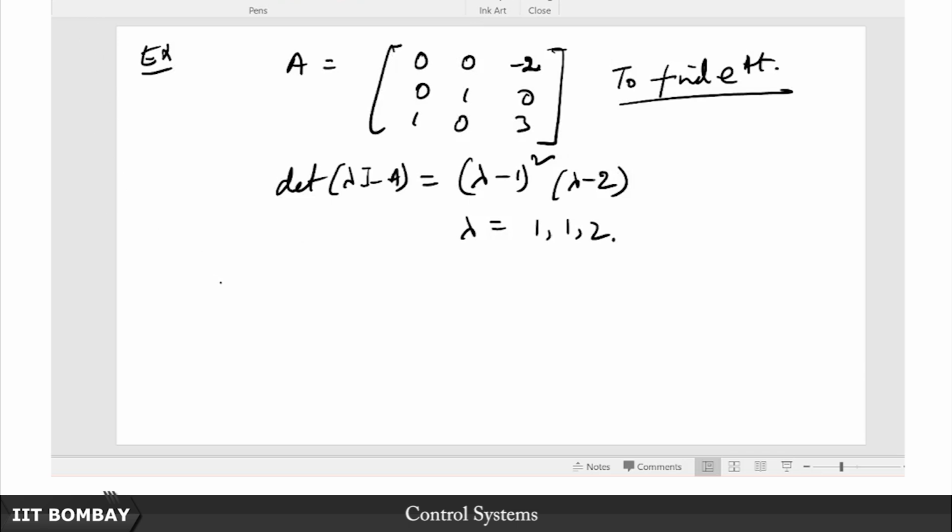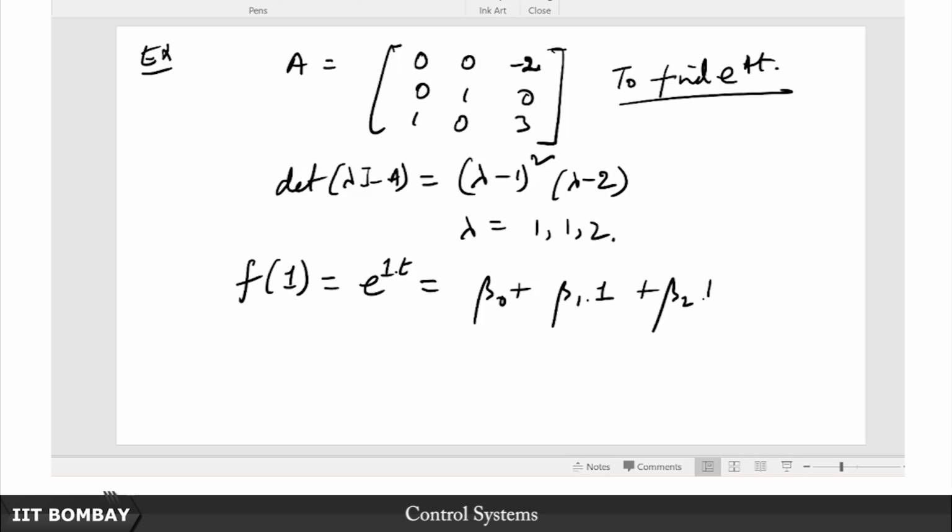Let us take first the non-repeated case. We have f at eigenvalue 1, which is e to the 1 times t, and that is beta 0 plus beta 1 times 1 plus beta 2 times 1 squared.